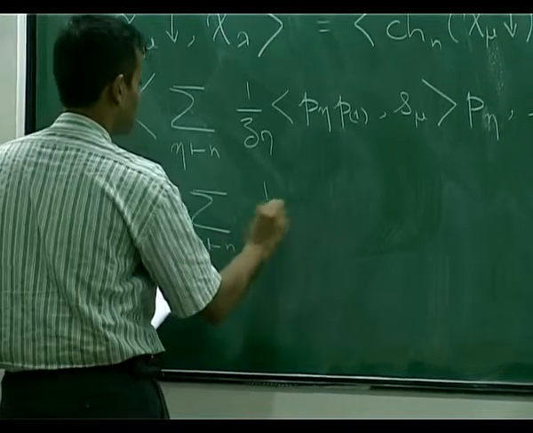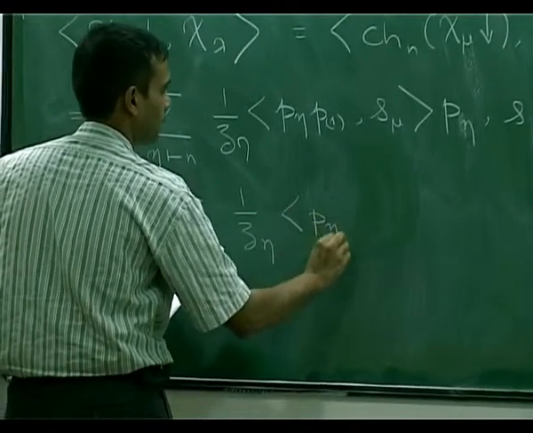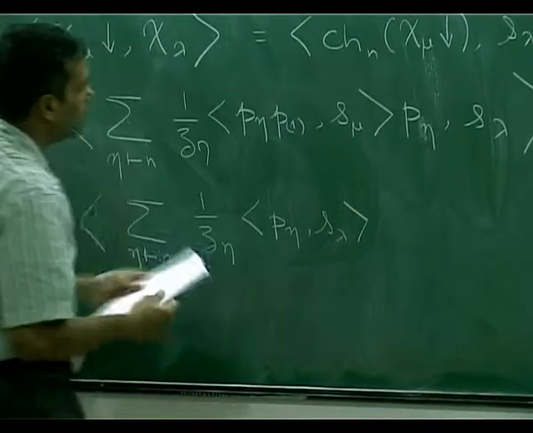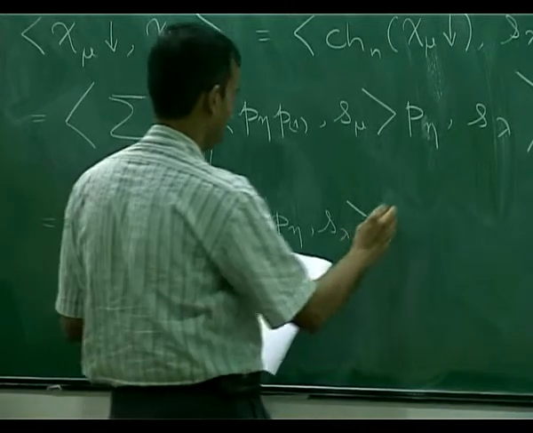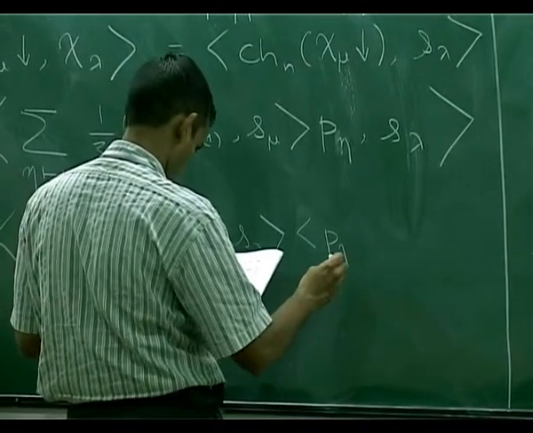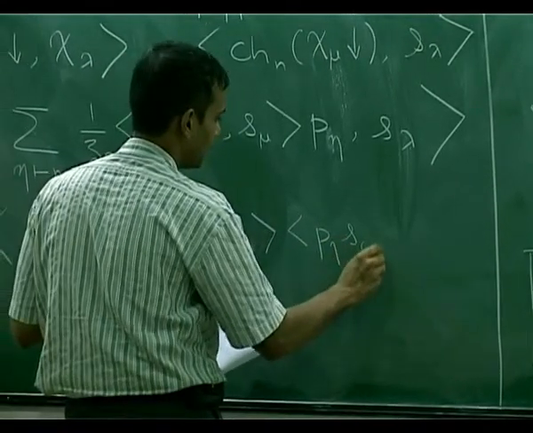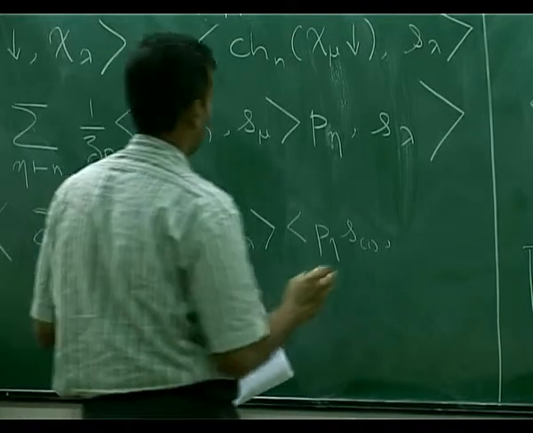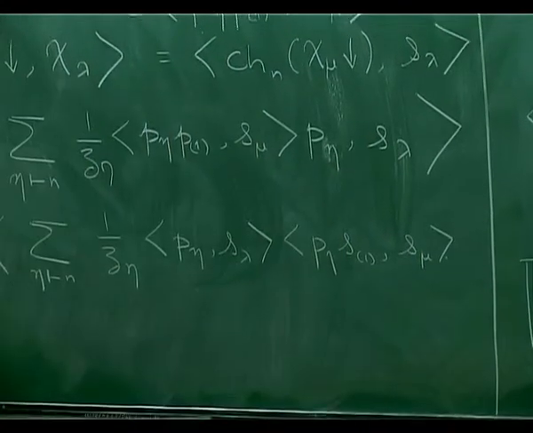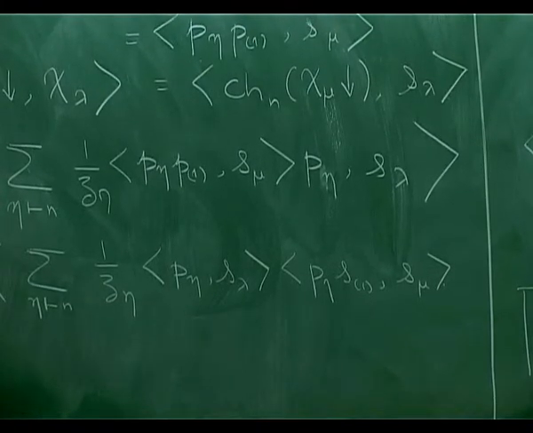So 1 over z eta p eta s lambda, and then we have p eta p1, but p1 is the same as s1, and then we have s mu.